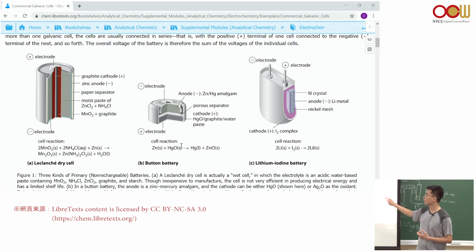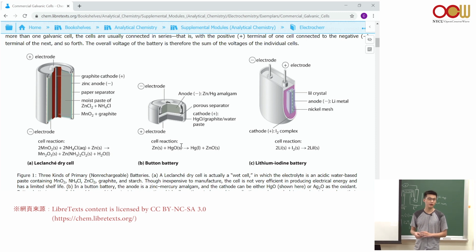A lot of people are working on various types of lithium battery, but we know lithium is very reactive. So if this device is not properly stored or properly operated, the lithium might come out and cause a fire hazard.